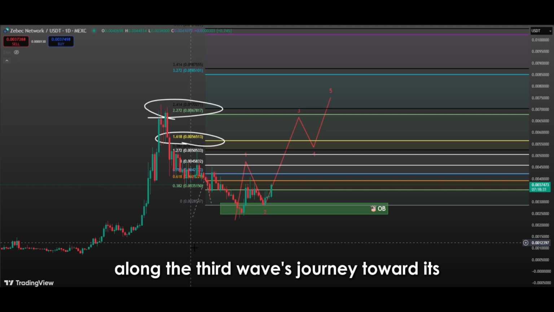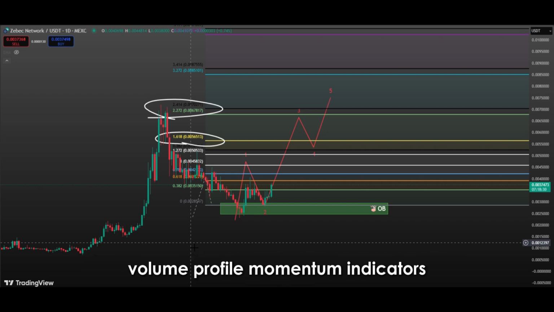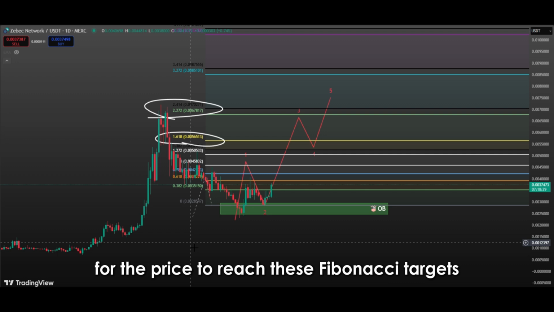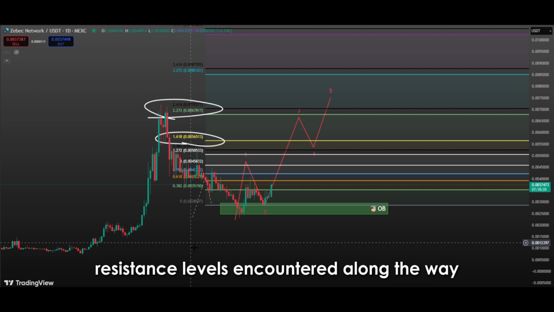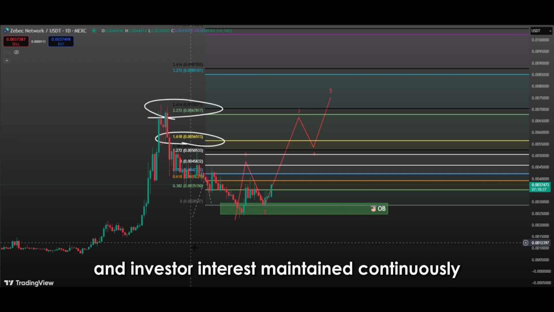Along the third wave's journey toward its targets, complementary factors such as pattern analysis, volume profile, momentum indicators, and support-resistance transitions should also be considered. For the price to reach these Fibonacci targets, resistance levels encountered along the way must be broken with volume, psychological barriers overcome, and investor interest maintained continuously.